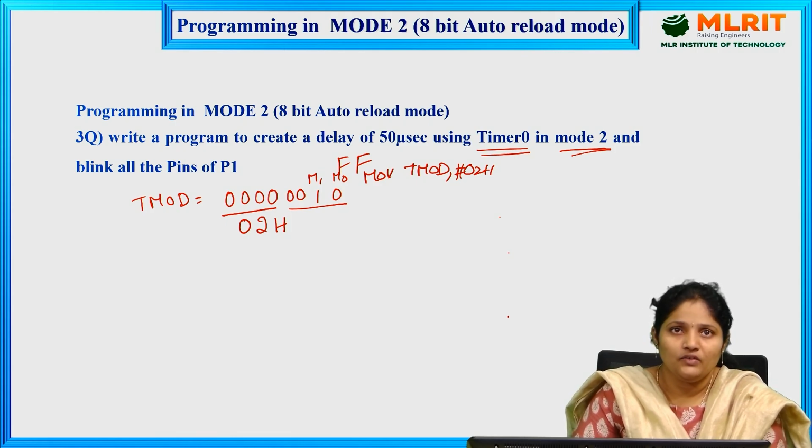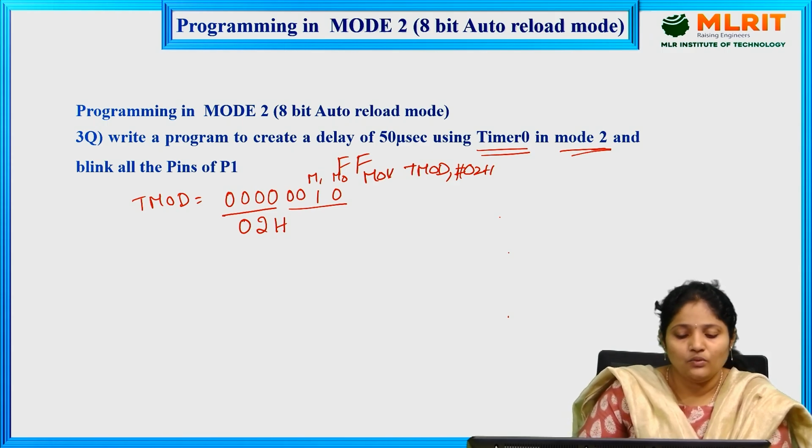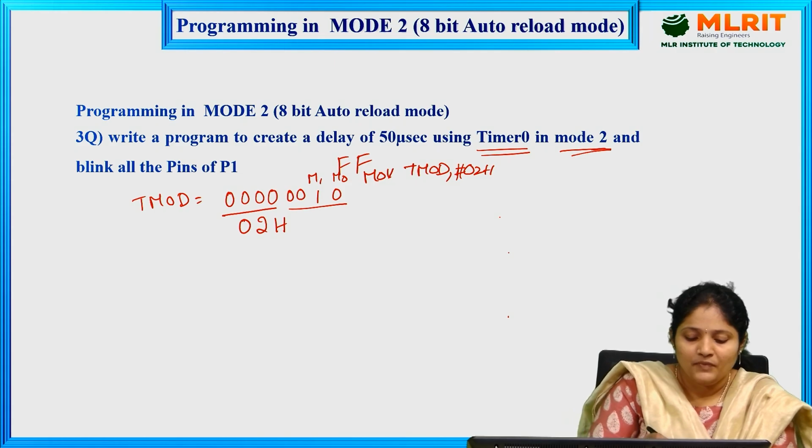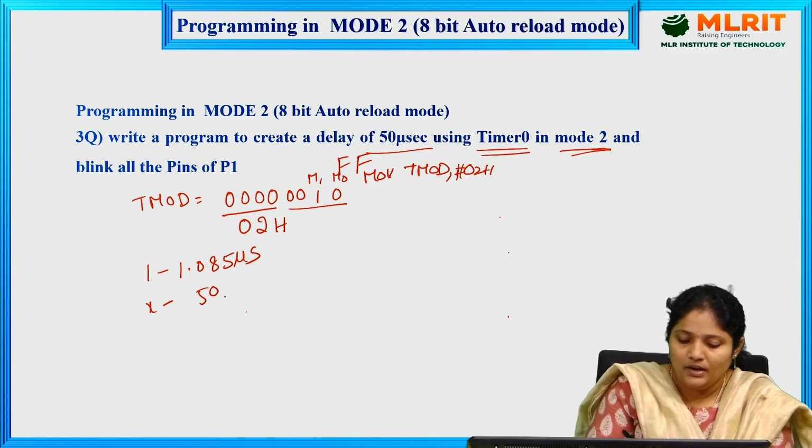So here we will be loading the TH value. Every time, the value of TH will be loaded into TL automatically by the controller, right? So we need to find out the TH value. As usual, we know that one cycle requires 1.085 microseconds. Here we need to find how many cycles for the given delay. What is the value? 50 microseconds.